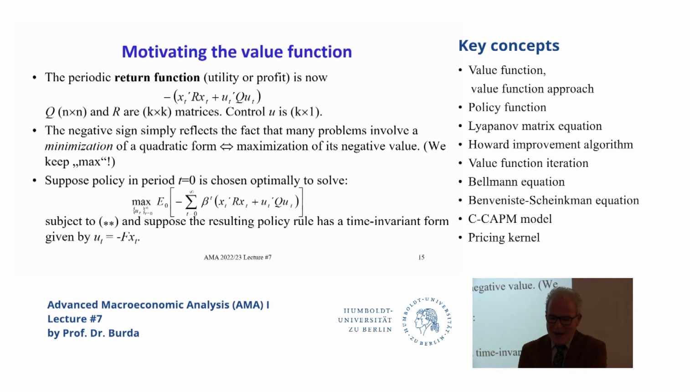Okay, so let's define now. Let's do this properly. Let's start with a return function. We usually call this, for the household, the utility function, the periodic utility function. So the utility of the household is not just today's utility, but tomorrow's and the next, and we weight them using discounting.